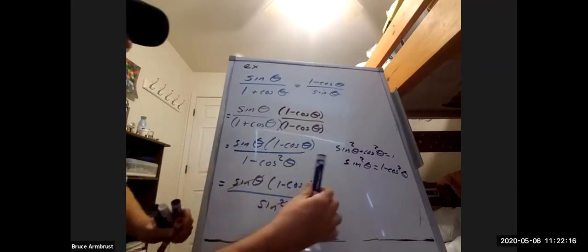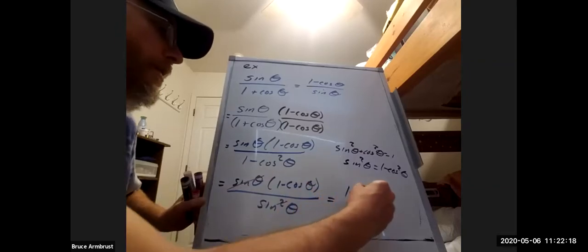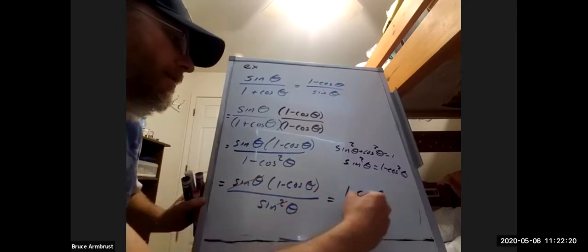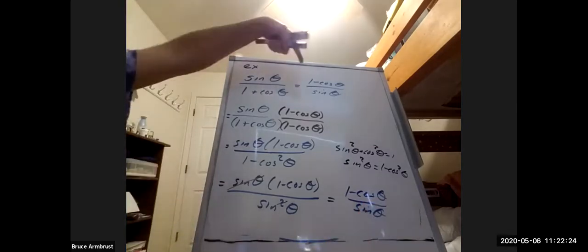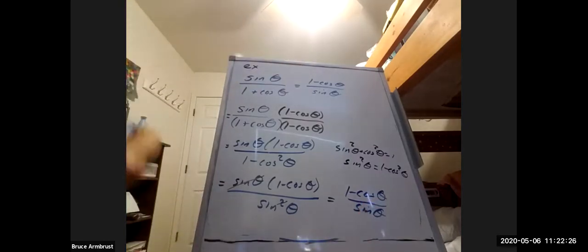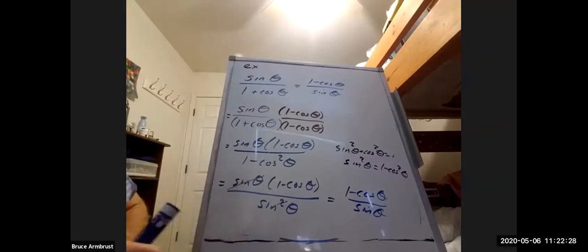And what we're left with is 1 minus cosine over sine, which matches what we wanted on the other side. So this miracle step totally worked. Totally worked to multiply top and bottom by 1 minus cosine of theta.